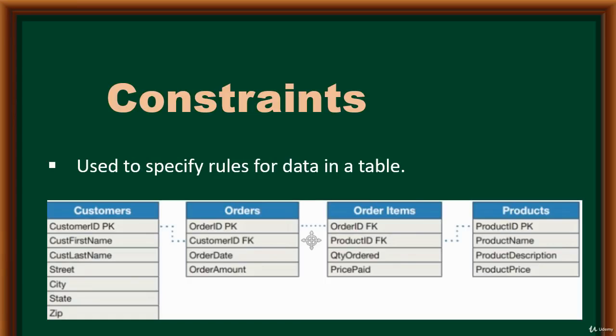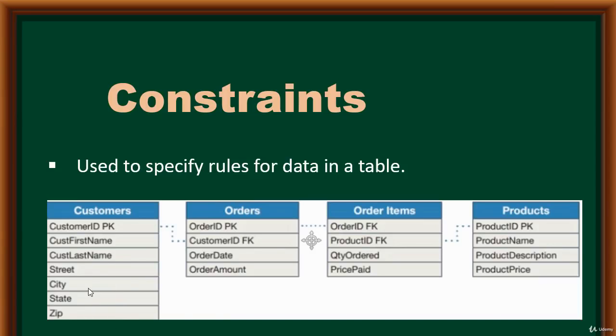So when you're creating the table, you can implement different types of constraint. An example constraint you could implement, for example, in any of the fields, you could say you don't want the value to be null. Null basically means a value that is not known.